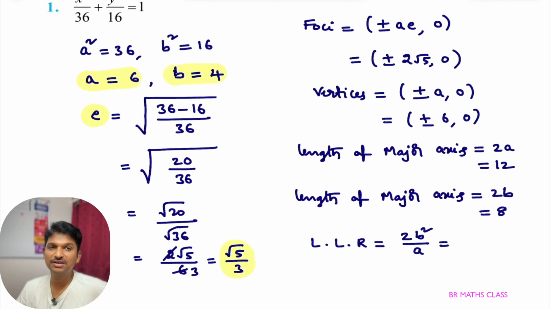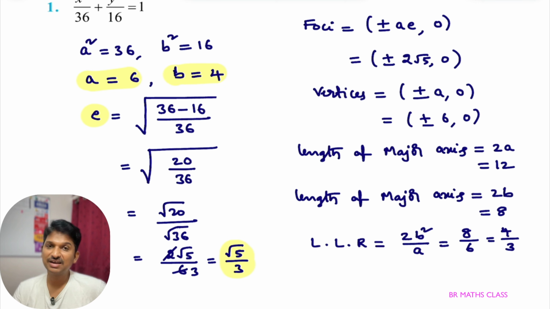B square is 4. 2 into 4 is 8 divided by a. A is 6. 8 by 6. We can divide by 2. This is 4 by 3. So length of latus rectum is 4 by 3.